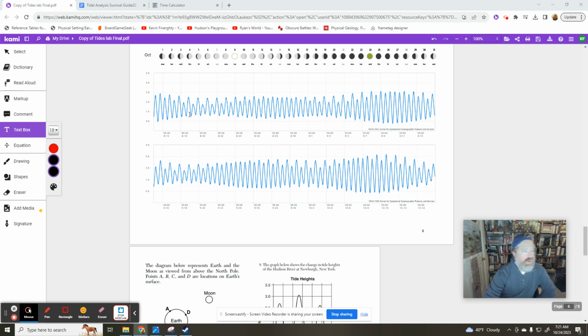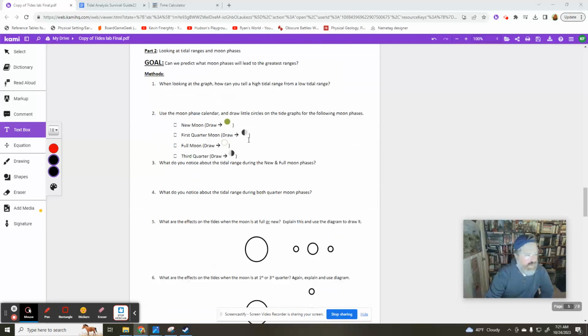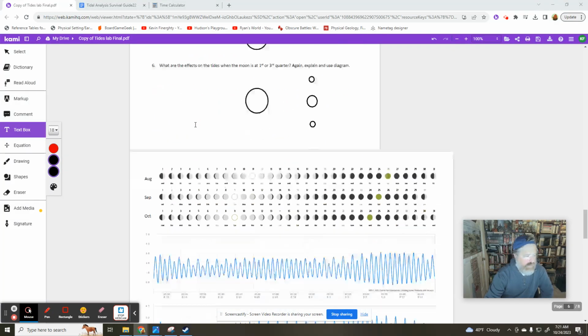All I'm going to have you do is try to match that with moon phases, because we see when it gets larger, there's a certain phase. Even if this large isn't as large as this large, it still gets bigger there, and that matches with the moon phase. So what I had you do is look for the new moon first, basically new, full, and the quarters.